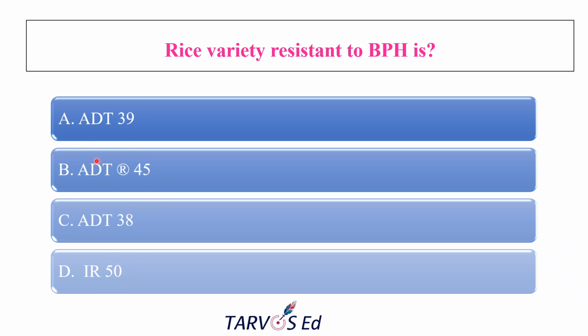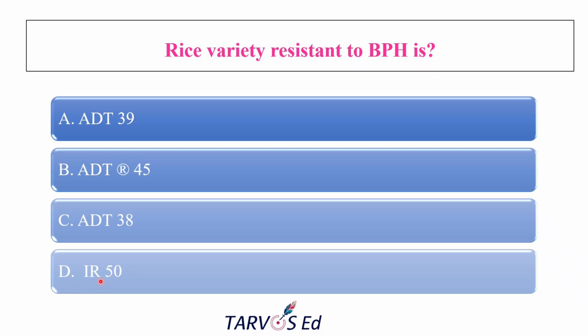What is ADT? ADT is nothing but Aduthurai. This variety is released from Aduthurai, so that's why it is briefly mentioned as ADT. And IR means a variety released by the International Rice Research Institute, which is located in the Philippines.